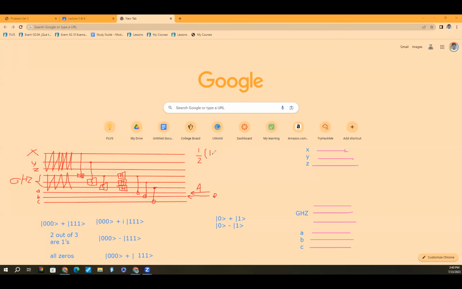So in that case, it'd be like the 000 state plus the 011 state, so something like this. Then we'd add the 101 state and the 111 state. So essentially, in that case, if there are no S gates applied, we would always get a winning result.